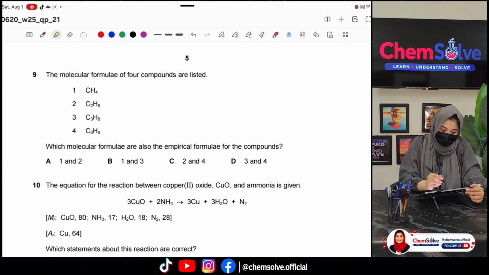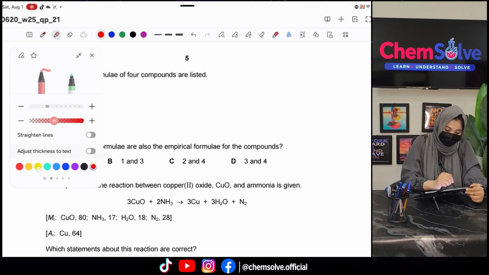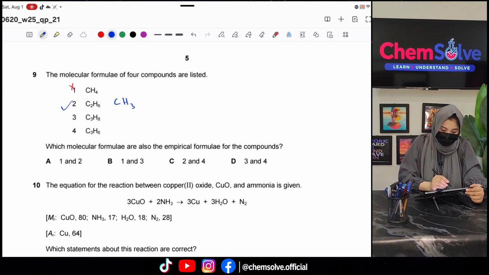So I think it is not our option. Okay, so C2H6 can be simplified as CH3. It could be our option. C3H8, we cannot have any simple ratio between them. I think this is not our option as well.